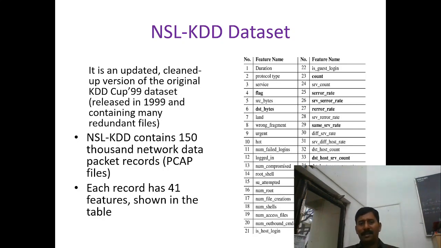So there are around 41 features, and these 41 features are either categorical, binary, discrete, or continuous. Many works select a subset of these 41 features. In addition to that, each and every record has a label, that is whether it's normal traffic or an attack. So this is the deal about the NSL KDD dataset.